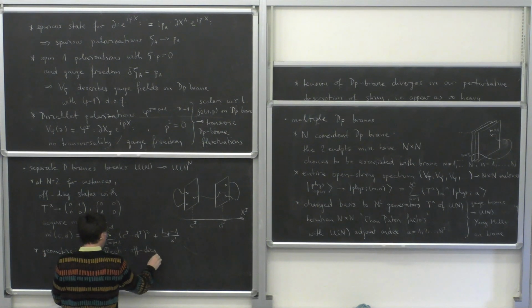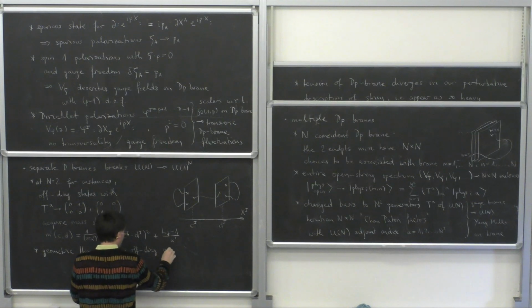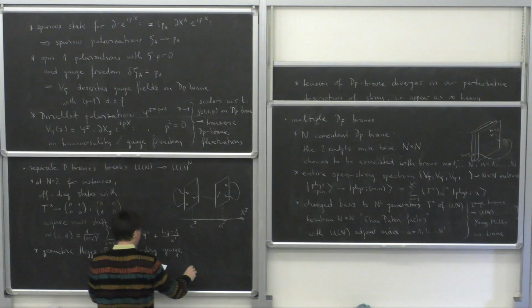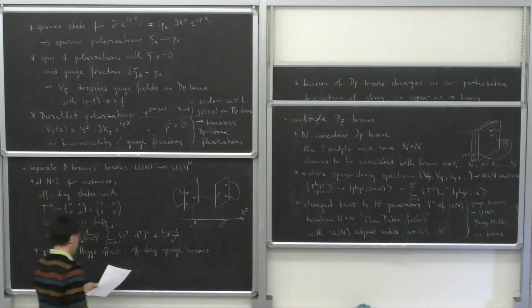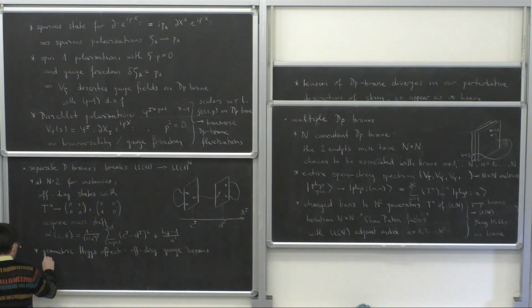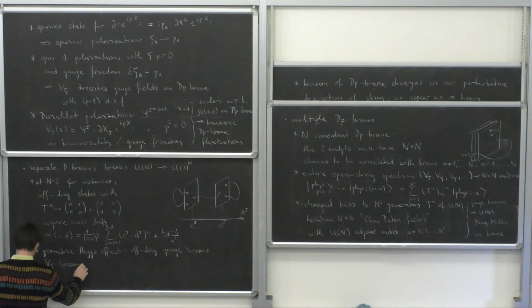Among these off-diagonal states, let's look at the gauge bosons, or those vectors which are initially massless. Giving those a mass is exactly the same story as the fate of the W bosons in the standard model.